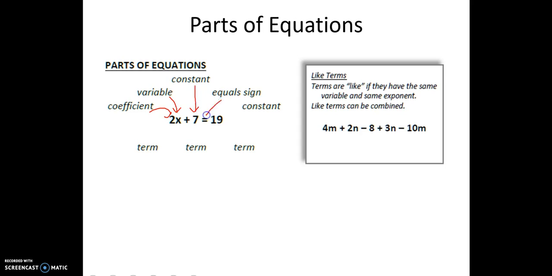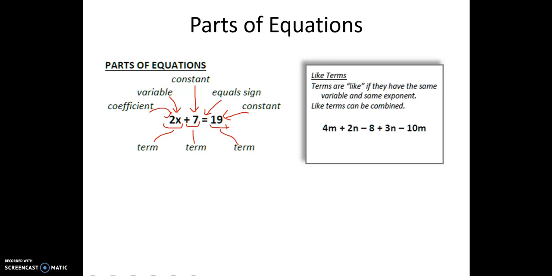And we have an equal sign right here. And then we have another constant. Our constant is that 19. Okay? And then we have three terms. 2x is a term. Positive 7 is a term. And then positive 19 is a term.